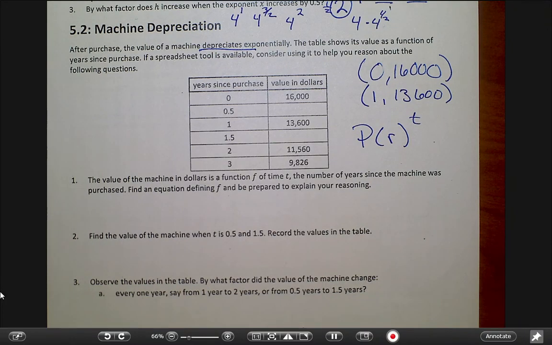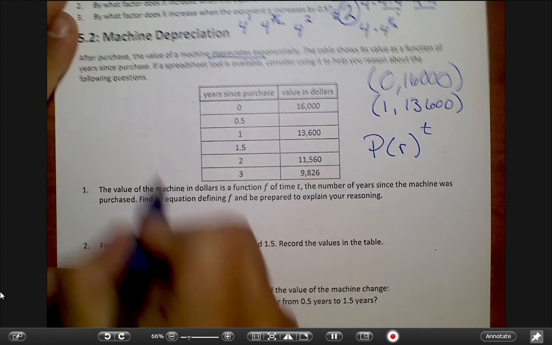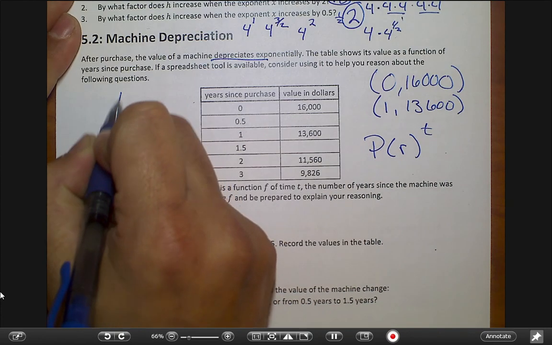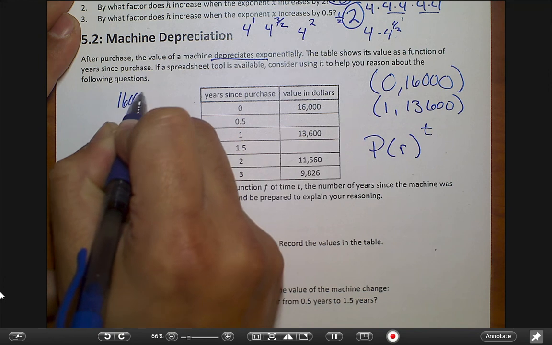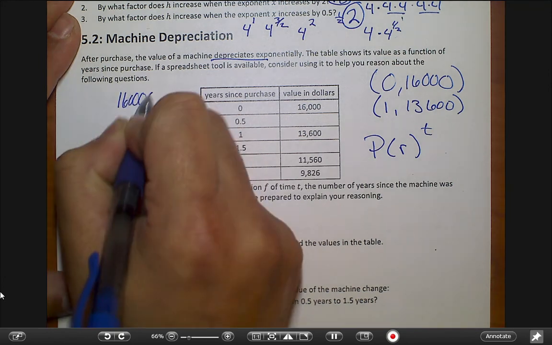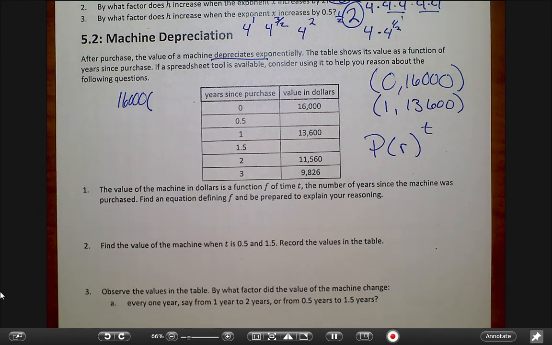Like I said, this is exactly the same as the warm-up. So, what is my P? 16,000. So I start with that. Do I know the R?